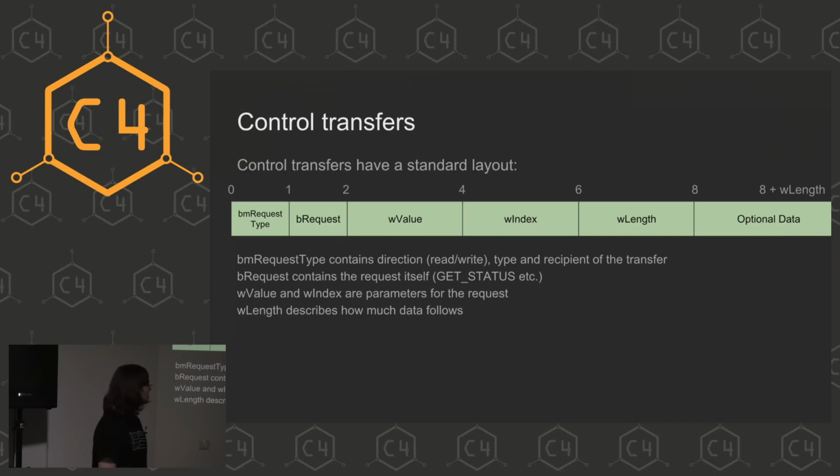And then there is some W value, it's a 16-bit value. That's just some payload that depends on what the request in B request is. Then there is some W index, that's kind of the same, just with a different name. And then there is a length that describes the length of optional data that might be written or read from the device, depending on if this is a read request or a write request to the device. And then either there is some data here or there is no data here. So this is optional.